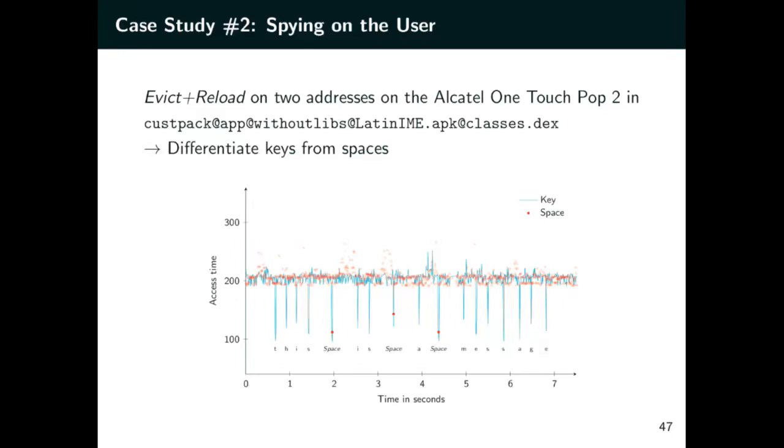So we can really see the inter-keystroke timing here. And more than that, we can distinguish between the keys and the space, because there is 1 address that reacts only if the space has been pressed. So we can differentiate between keys and spaces, with really precise timing.